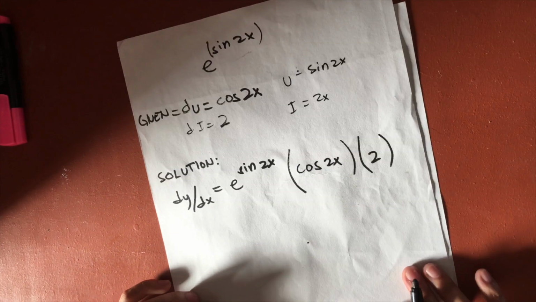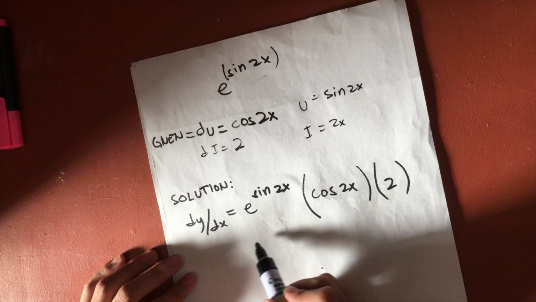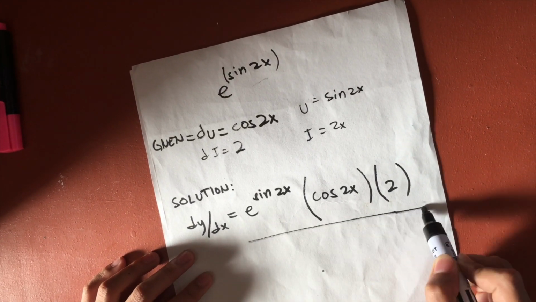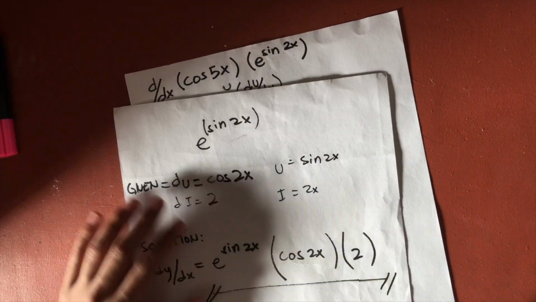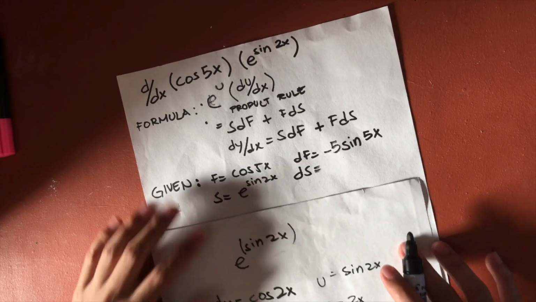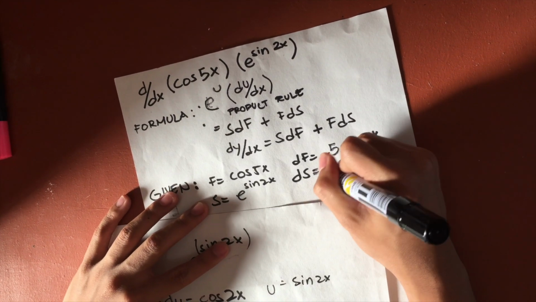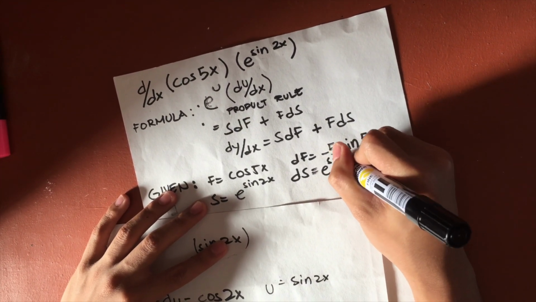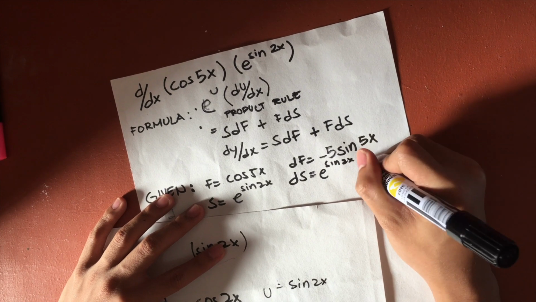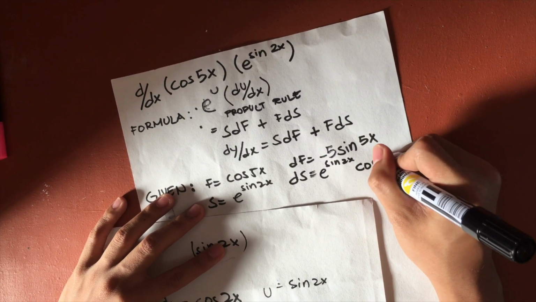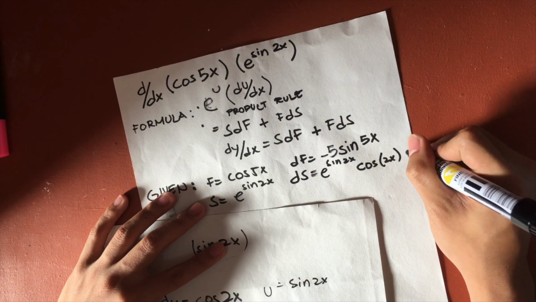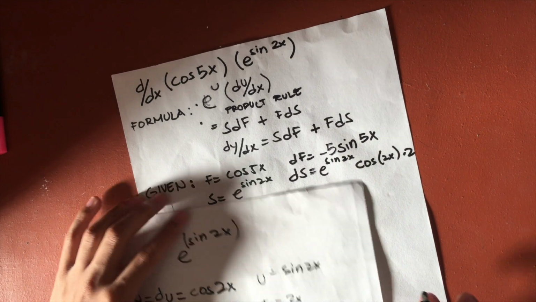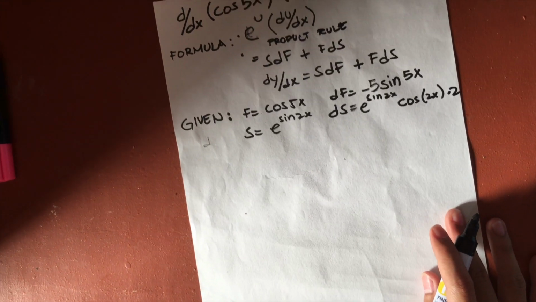Now we already have the derivative of the second equation. I'll put it here: e to the sine of 2x times cos 2x times 2.